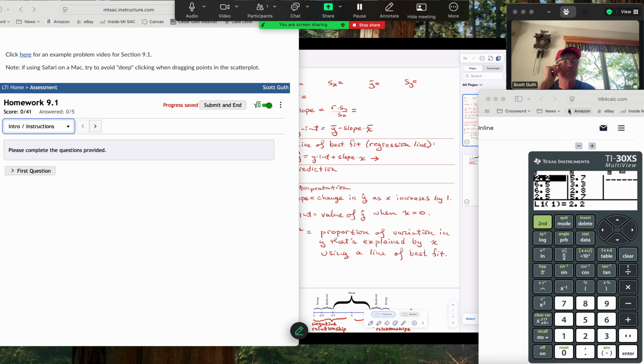So if you increase the pH by 1, the electric current in amperage will go up by whatever the slope is. Okay, so I would say as pH increases by 1, electric current will go up by the slope, which was, it'll actually go down by negative 0.591.